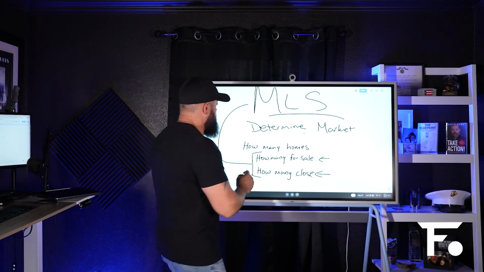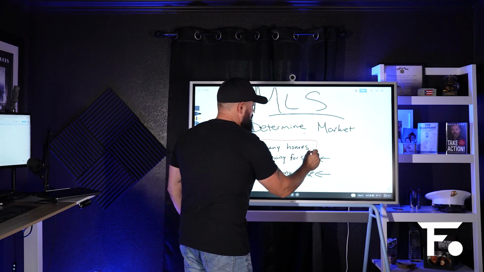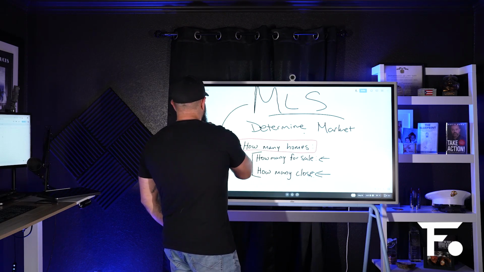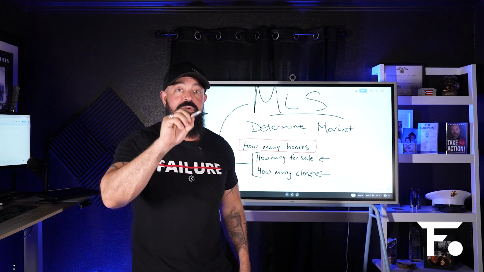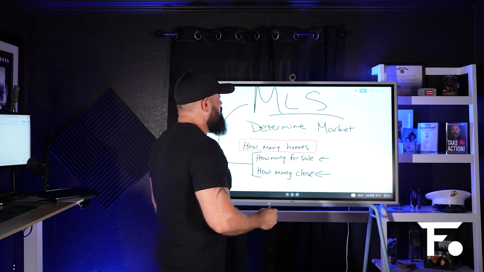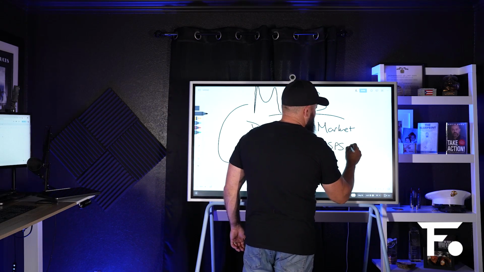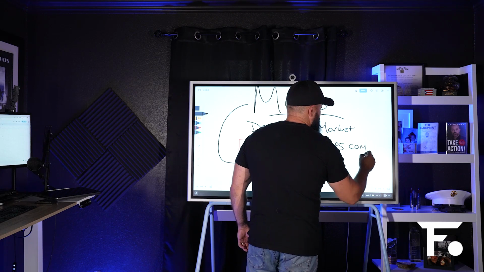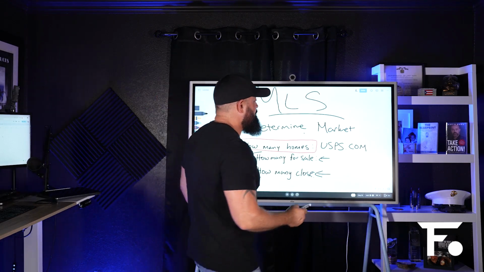For this stat here, which is how many homes are in that market, once you have gone to the MLS and mapped out a specific area, I want you to go to USPS.com. On USPS.com, you're going to look for the EDDM map.